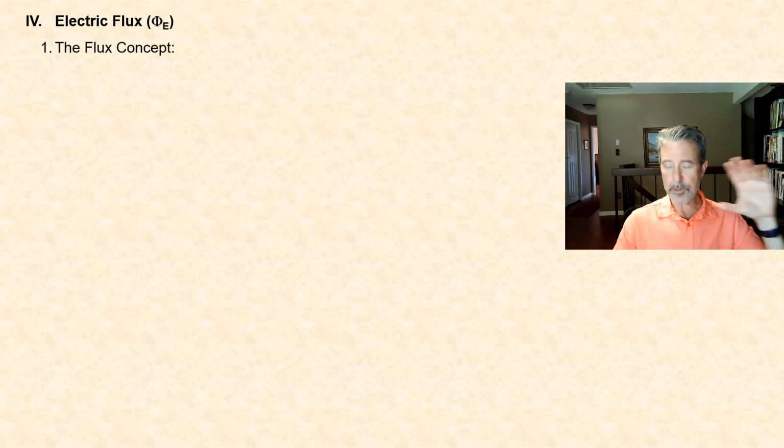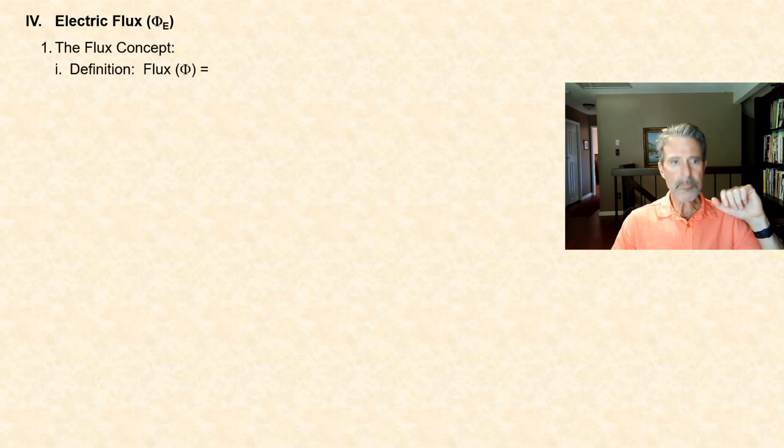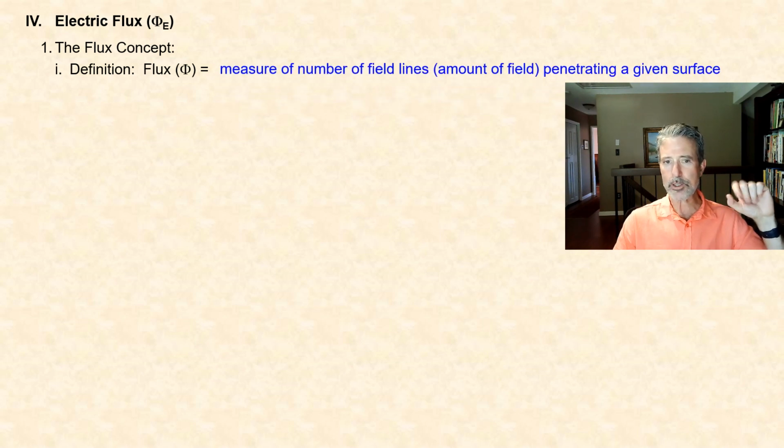So the flux concept. Definition of flux, and this is a qualitative definition only. We'll use a symbol capital Phi, that Greek symbol, to represent flux. Qualitatively speaking, we can think of the flux as a measure of the number of field lines, which we can think of as the amount of field that penetrates a given surface.